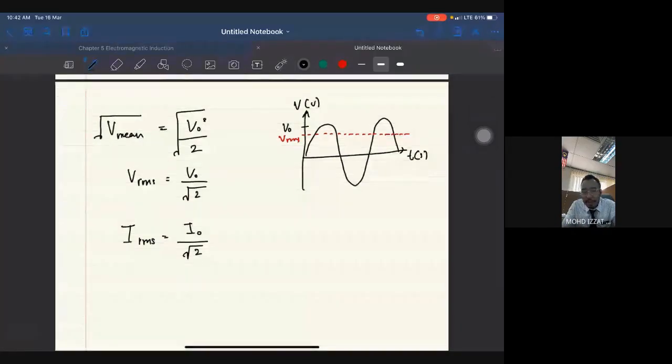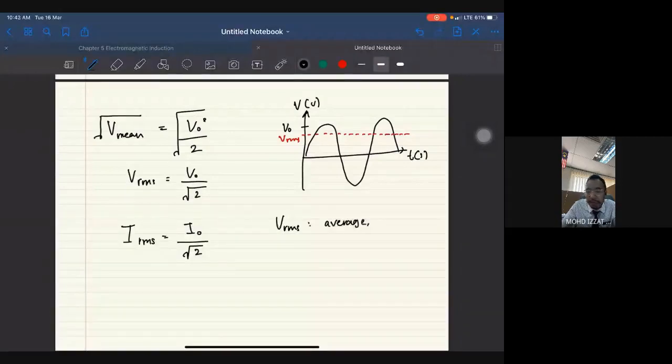VRMS ni is a bit tricky lah. VRMS dalam soalan, sometimes this one is called as average, jarang-jarang lah. Tapi maybe disebut average supply. Katakan dia kata voltage supply itu represent VRMS. I bring this one forward because normally they will use supply voltage.